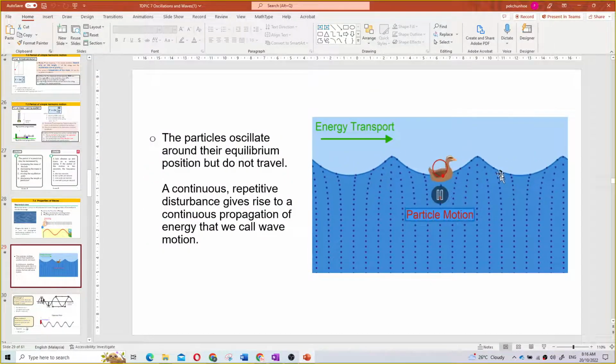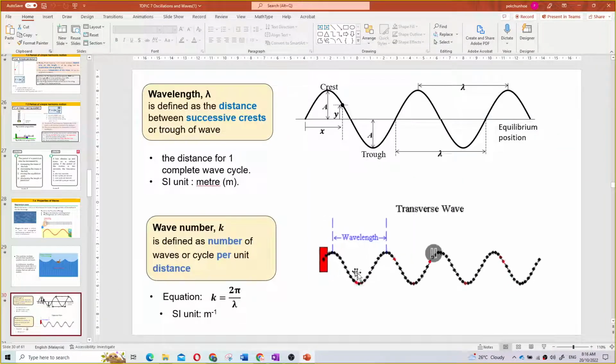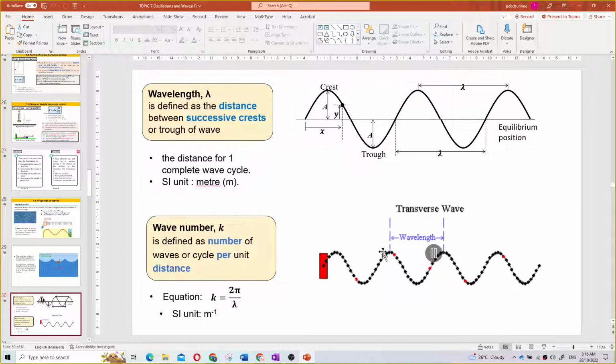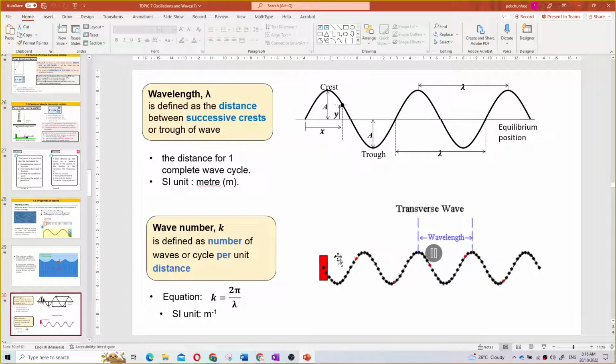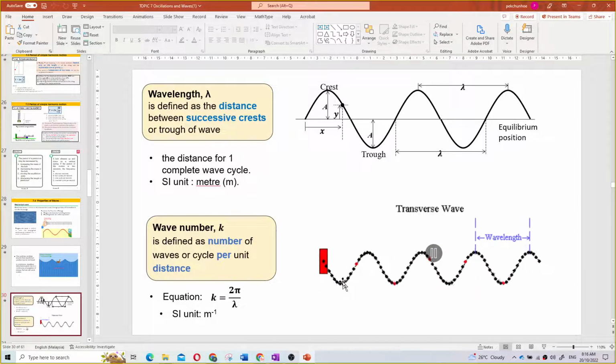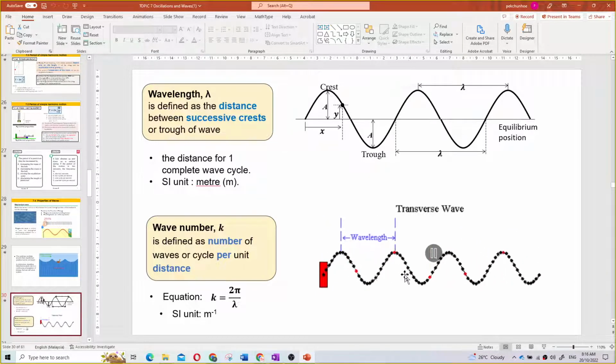Do you see this? What do you see? This is not just one mass, one block, or one pendulum. This is many particles, isn't it?